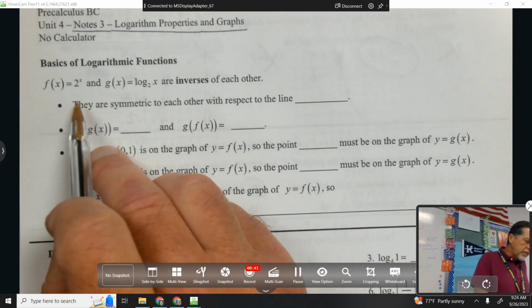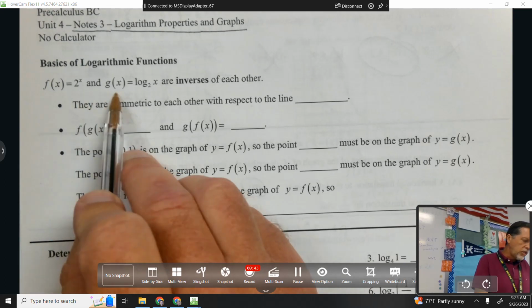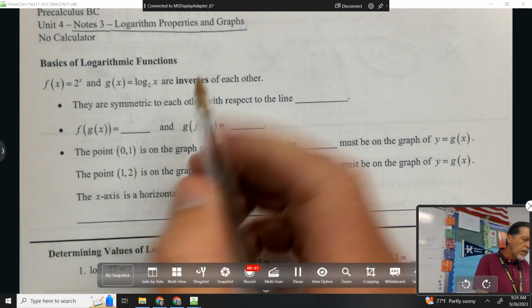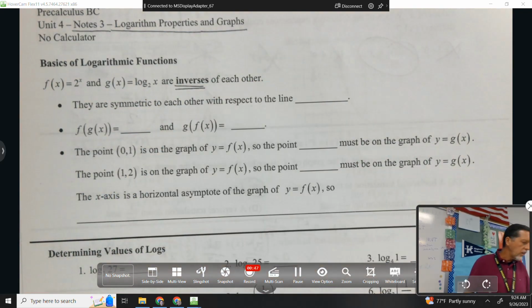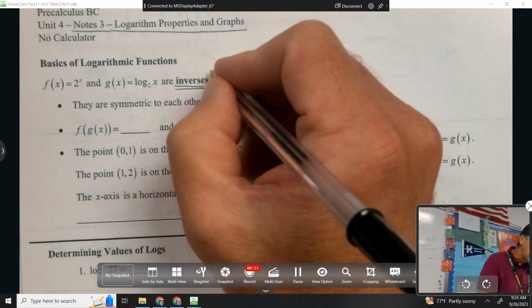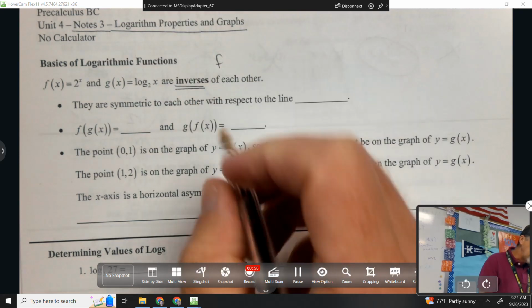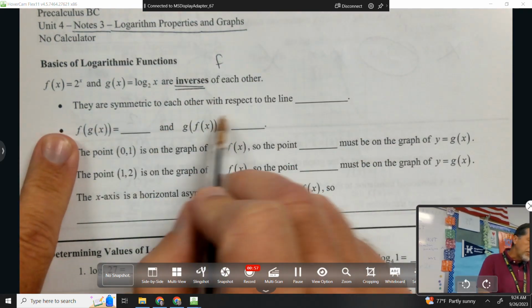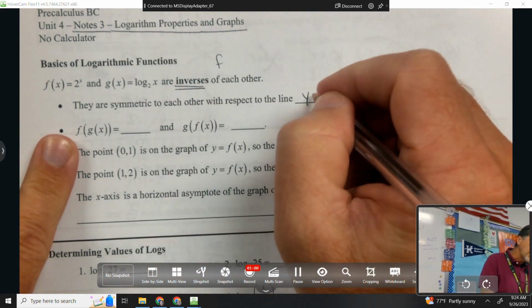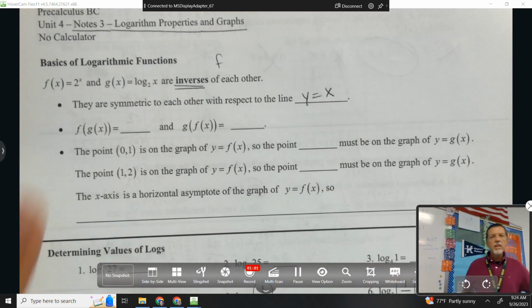F of x is 2 to the x. G of x is log base 2 of x. They are inverses of each other. They undo each other. Well, we're going to get there. They are symmetric to each other with respect to the line y equals x.